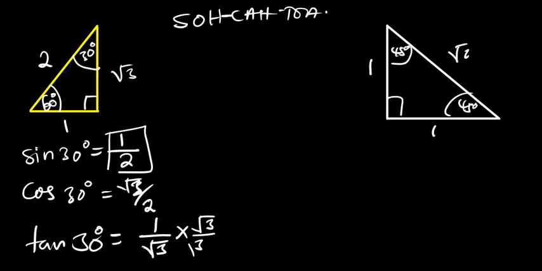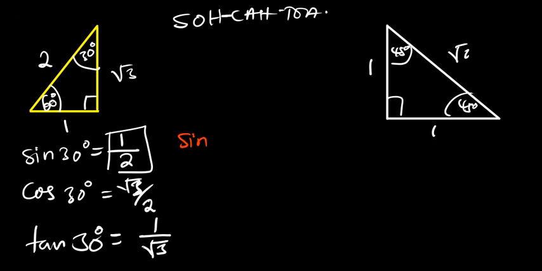Then tan 30 will be root of 3 divided by 3, but you can leave it like that, it's fine. So it is actually 1 over root 3.